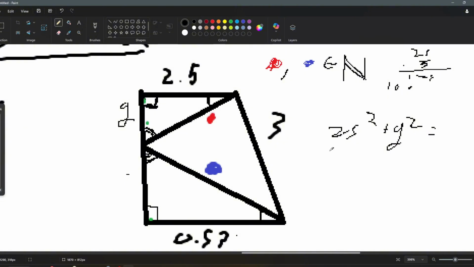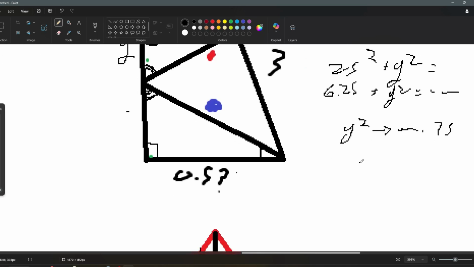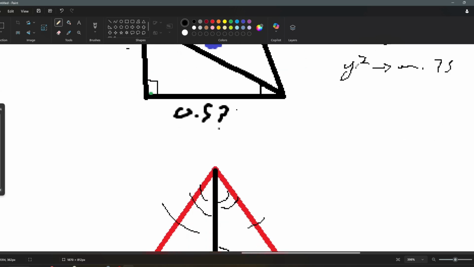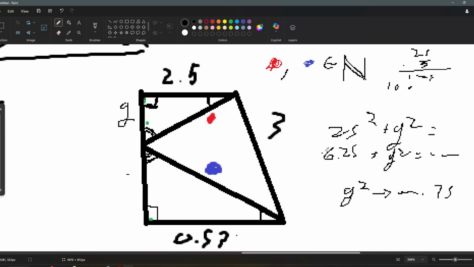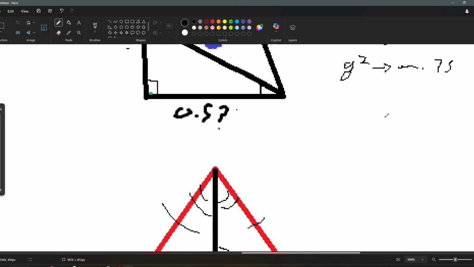It's 6.25 plus g squared is equal to an integer. So g squared is that integer minus 6.25, which gives 0.75. So what squared equals 0.75? G is an integer, likely, I think. I don't know. Wait, what can't be an integer?